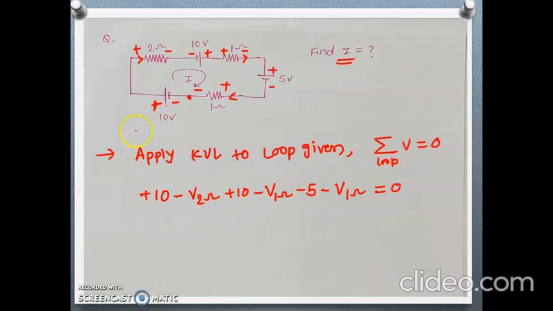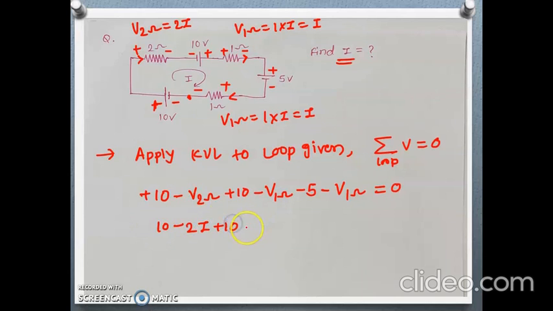So what is the voltage across 2 ohm? Current I into resistor, so V 2 ohm will be 2I, and voltage across 1 ohm will be 1 into I, that is I. Putting these values in the equation, plus 10 minus 2I plus 10 minus I minus 5 minus I equals 0.